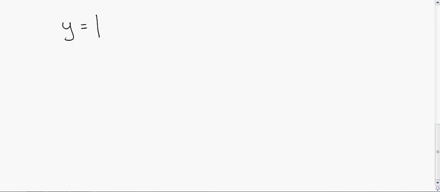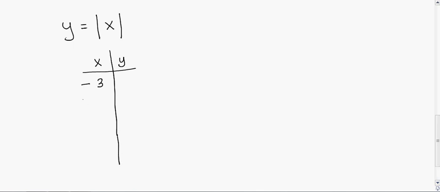Let's take a look at the graph of the absolute value function, and we'll think about the parent function, the most simple absolute value function you could come up with, which would be y equals the absolute value of x. And let's make a little table of values. I'll put my x's here and my y values here. And let's pick a handful of negative and positive numbers. Usually that's a good idea when you're trying to get a sense of a graph.